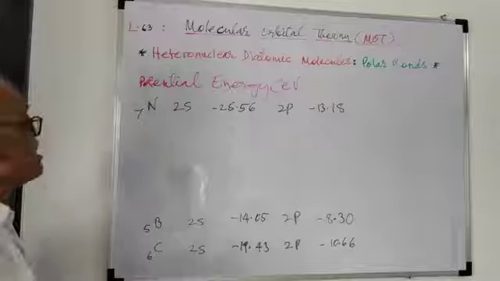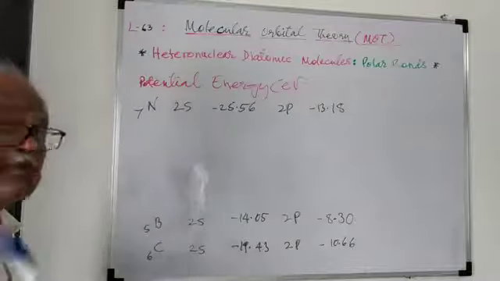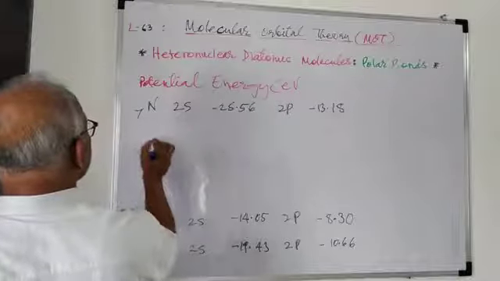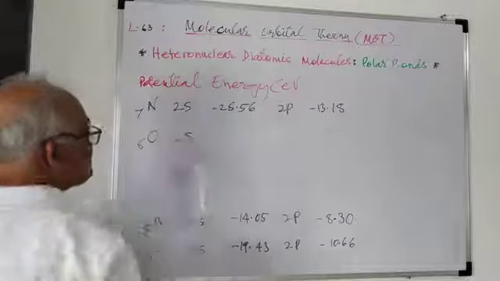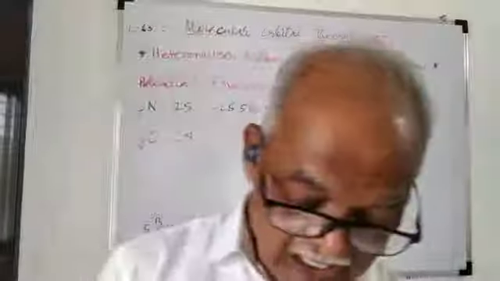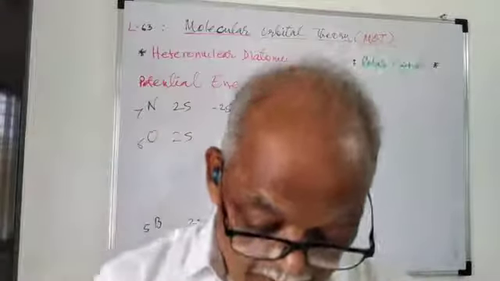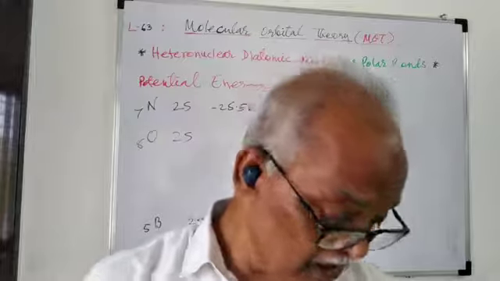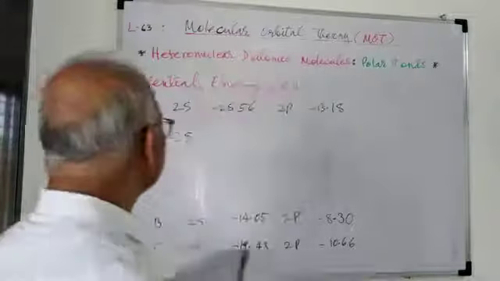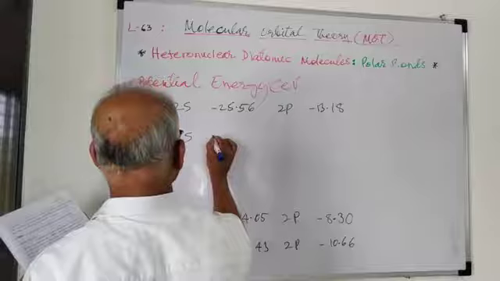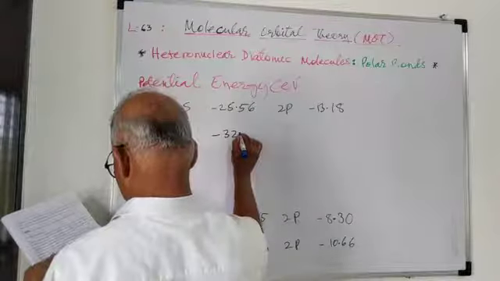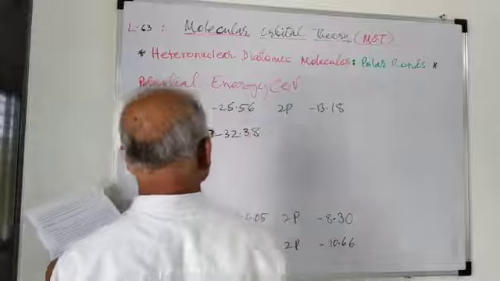Again, there is this progressive increase. Why is it so? Because of the increase in the nuclear charge. Then in case of 8, oxygen, the 2s remains the same, but there is an increase in the nuclear charge, and therefore the potential energy of this 2s also increases, and it goes to minus 32.38 electron volts.